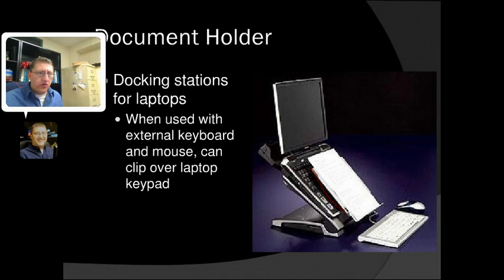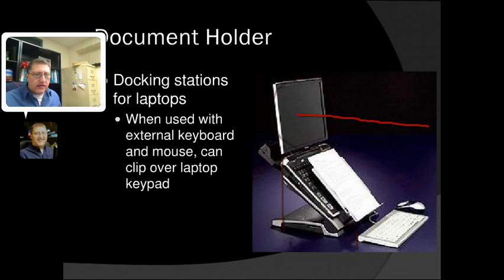You'll see that kind of stuff actually pretty often. There are other systems though, docking stations for laptops. In other words, you turn your laptop into a more functional desktop area, and part of that might be document holding, and then of course there are other parts as well. Here we're still using the laptop monitor, and one of the downsides of this is look at the distance between the monitor and even the keyboard. This monitor is fairly small, so think about this distance to the eyes.